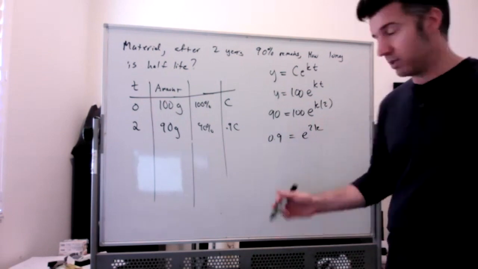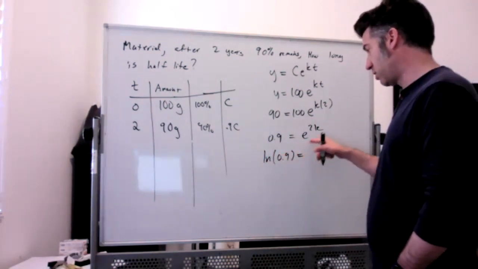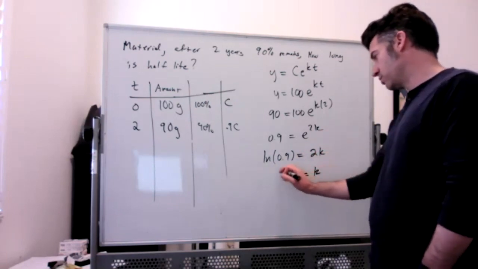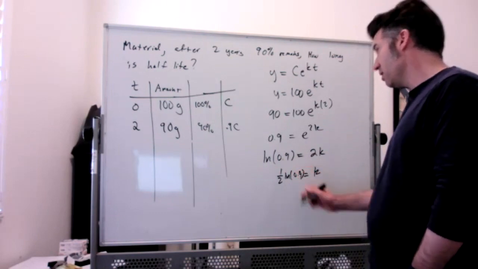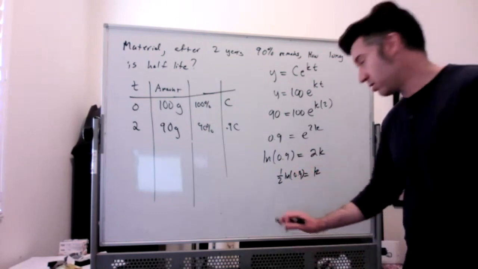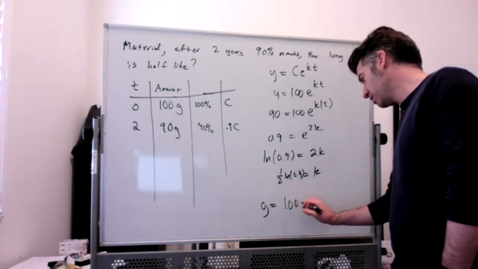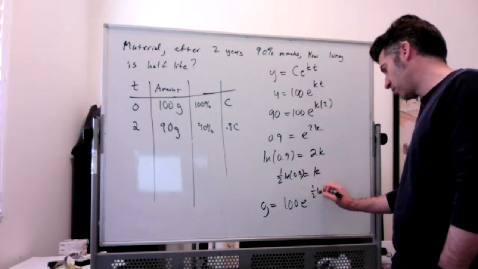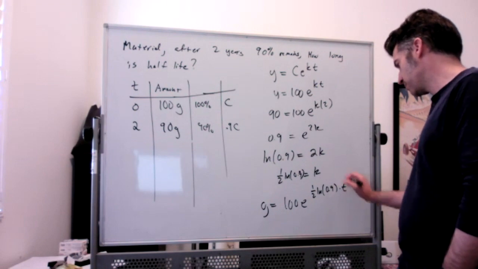Take the natural log of both sides. Natural log of 0.9 equals the natural log of e to the 2k, which is just 2k. So k equals 1/2 the natural log of 0.9. So now we have found the model. The model for exponential decay is y equal to 100 e to the 1/2 natural log of 0.9 times t.